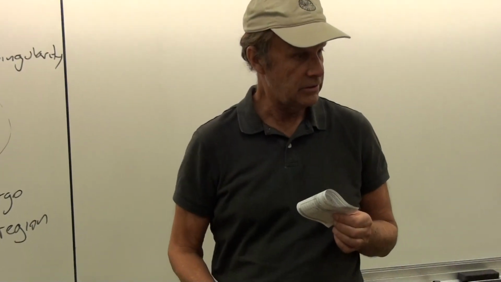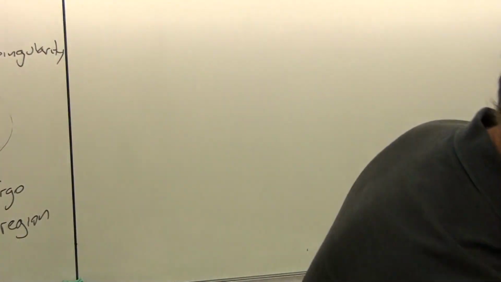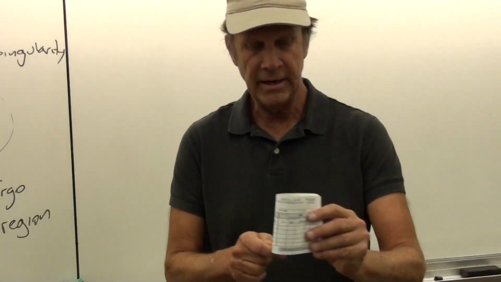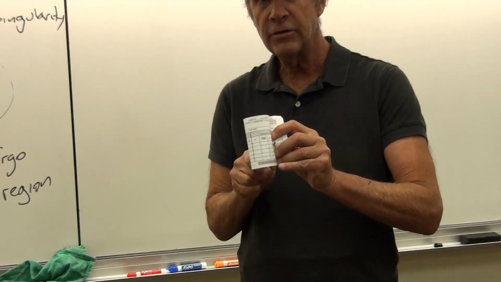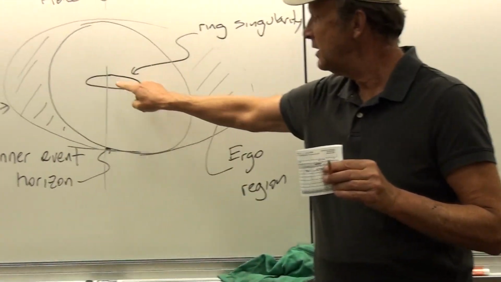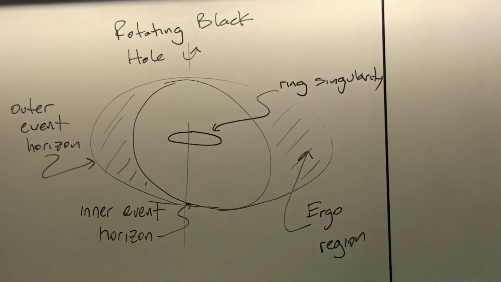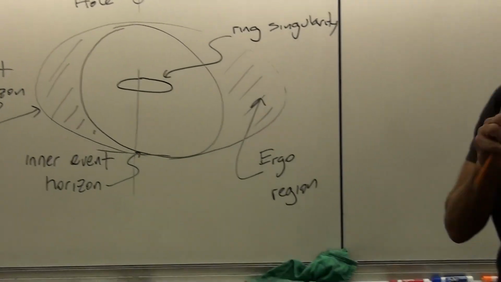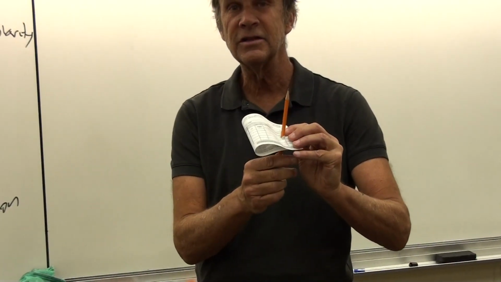Then, according to Einstein's field equations, there might be a way that you could fly through the ring of the singularity of this black hole and come out somewhere else in the universe.